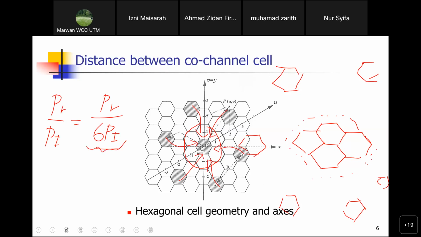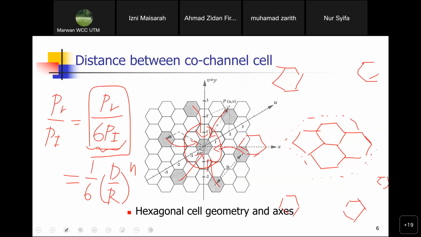Your interference power is actually 6 times, because they are coming from 6 cells. So the approximation is around 1 divided by 6 times D divided by R.